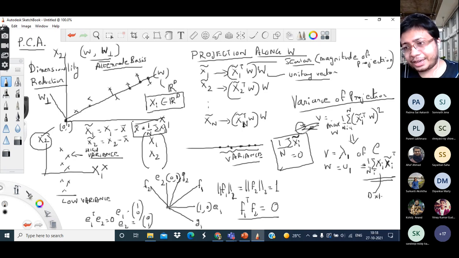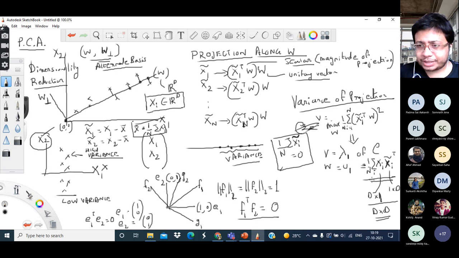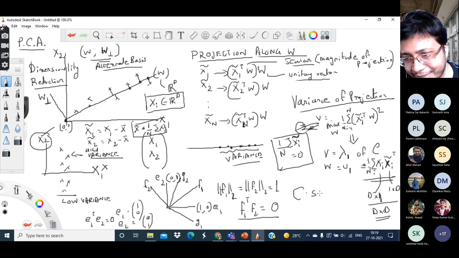So xi tilde transpose is 1 cross d, and if I take their outer product, what I get is d cross d. It is a matrix which I call C, and this C is also sometimes called the sample covariance matrix.